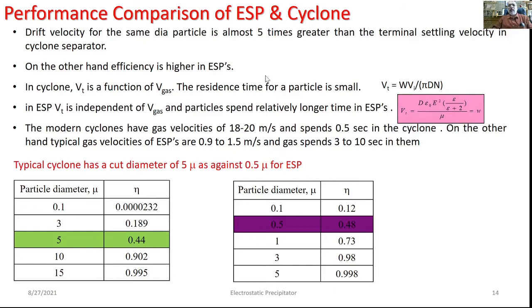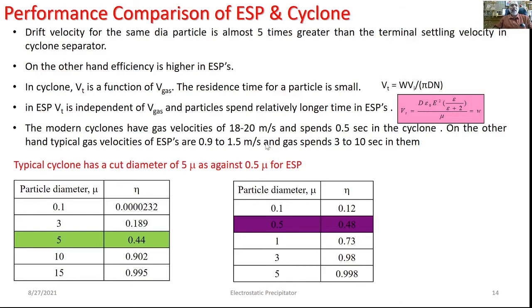Here, the residence time for the particle is quite small. Whereas, in the case of ESP, this Vt is independent of the average velocity of the gas. And also, the particle spends a relatively much longer time in ESPs.